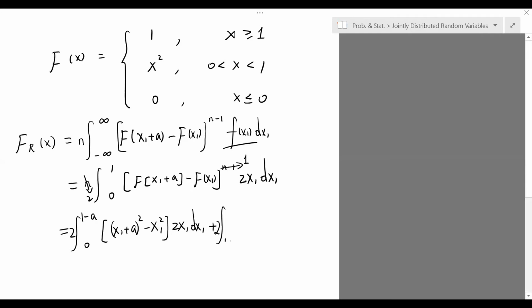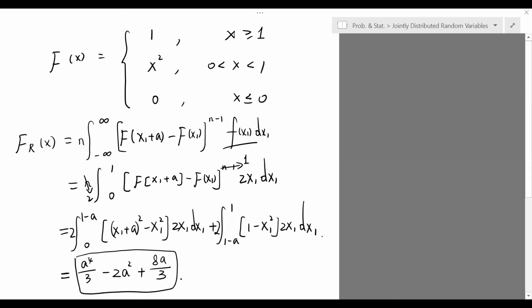And from 1 minus a to 1, the integrand is given by 1 minus x sub 1 squared times 2x sub 1. This integral is straightforward but a little tedious. With patience, one could show that it is equal to this number down here.